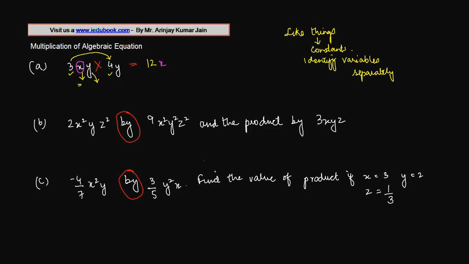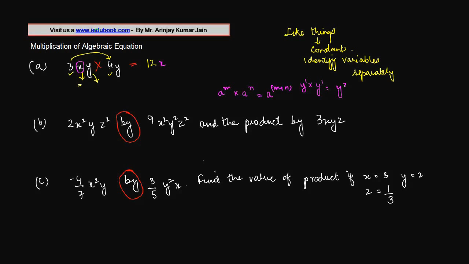The second thing is you have y here and y here, so you multiply y with y, right? Now if you recall, we saw that a to the power m into a to the power n is equal to a to the power m plus n. In this particular case, you have y to the power 1 into y to the power 1. So this will be what? m plus n. m is 1 and n is also 1.